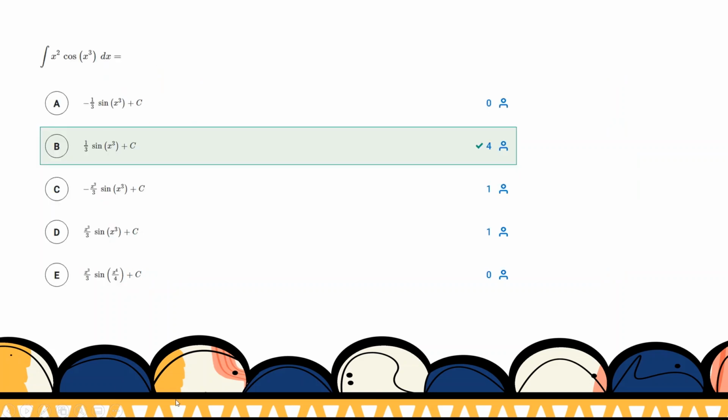Okay, this one most people got right, but we're going to go ahead and review because here they don't tell you what the u substitution is going to be. You want it to be the biggest value, right? Because I see the derivative of x to the third in the problem. So I'm going to let u equal x to the third. So that du equals 3x squared dx, and then dx will equal du divided by 3x squared.